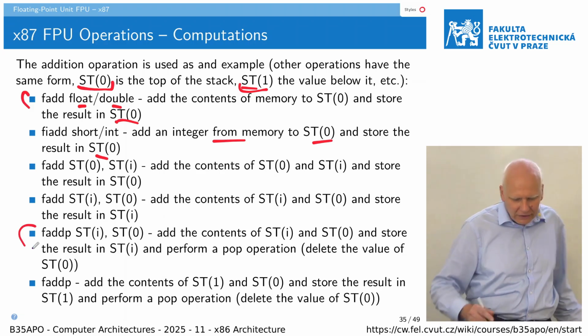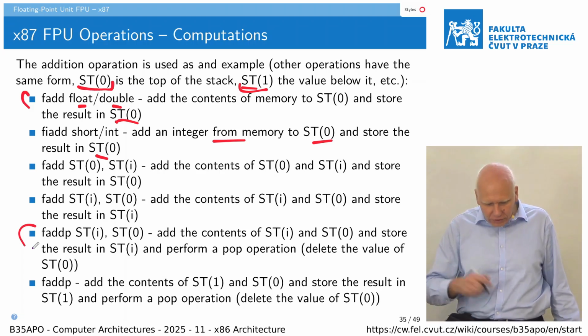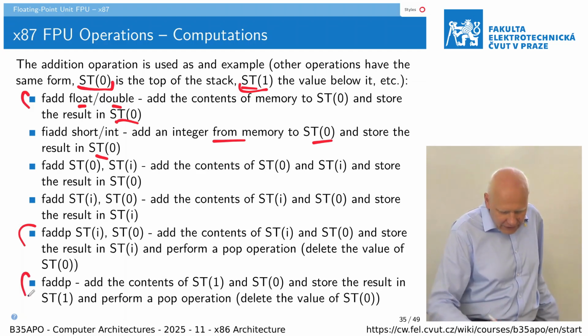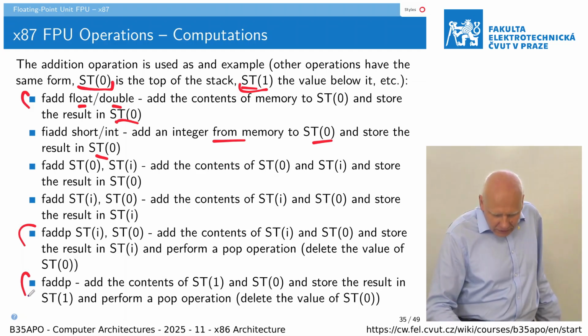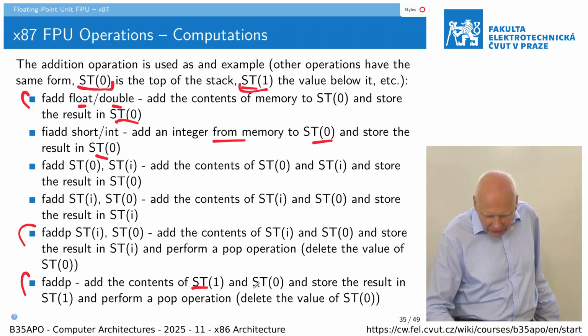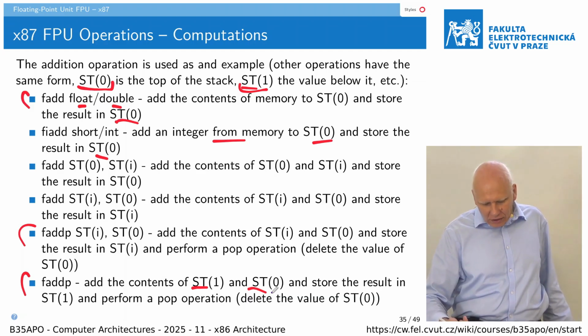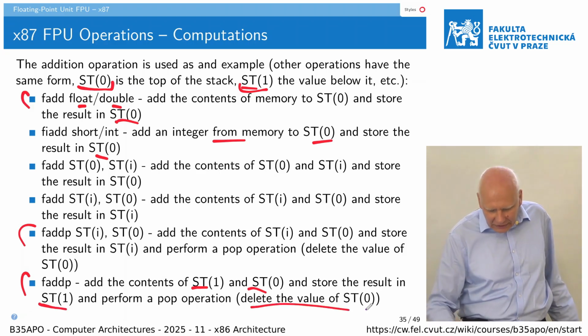So those are all the combinations of add operation which allow this lot of different options. Probably the fastest is to add the top of the stack to the location below the top of the stack, and then delete the top of the stack.